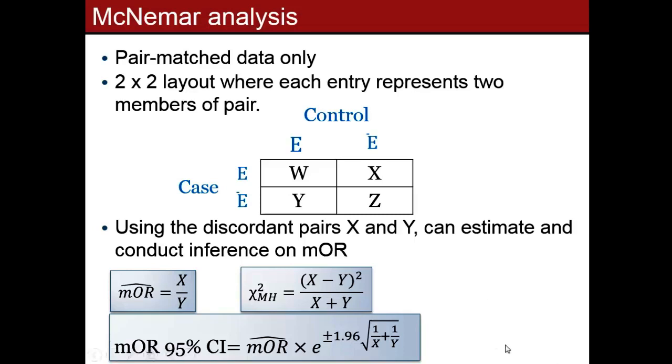And then here we also had a formula for the confidence interval. This is the 95% confidence interval for the odds ratio. Okay, so this is all the McNemar formulation of the Mantel-Haenszel statistic that you would compute on these stratified tables.